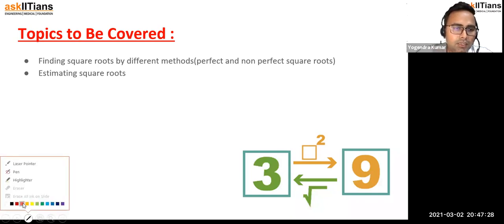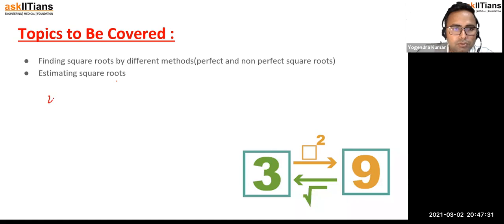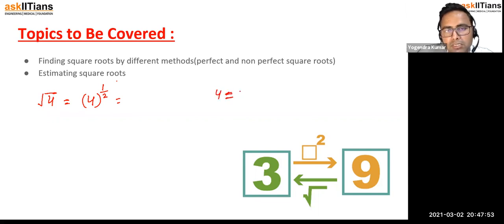Suppose I need to find the square root of 4. What is the meaning of square root? It means the power is 1 by 2. So we factorize 4 as 2 into 2, which is 2 power 2, and then the power is 1 by 2.